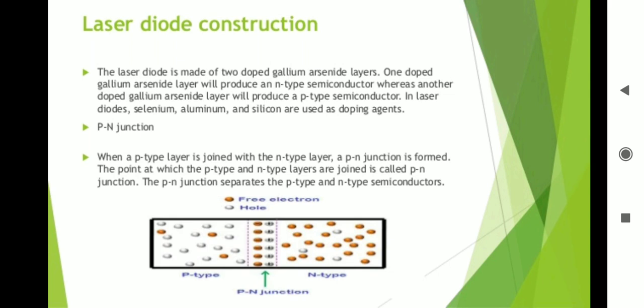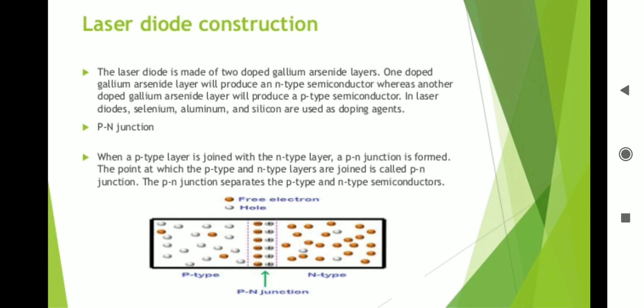Increasing the emitted radiation, the laser output is taken from the active region of the laser diode. In a laser diode, polishing at the two ends of the junction is done in order to provide a mirror-like surface.